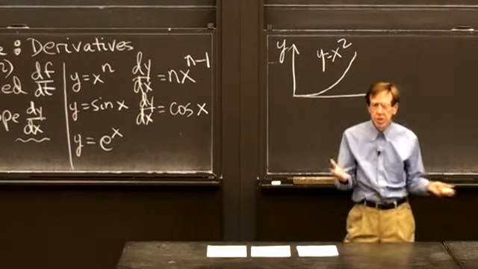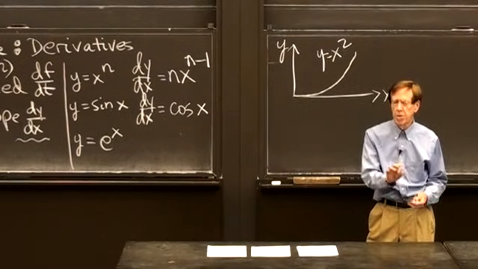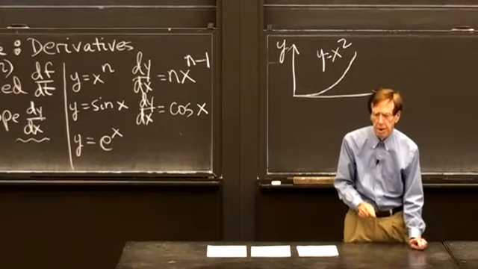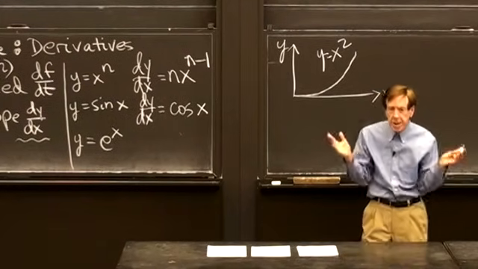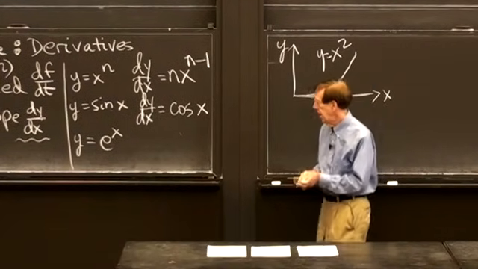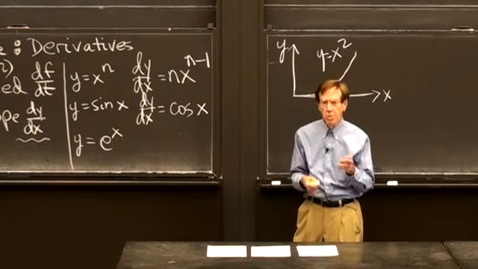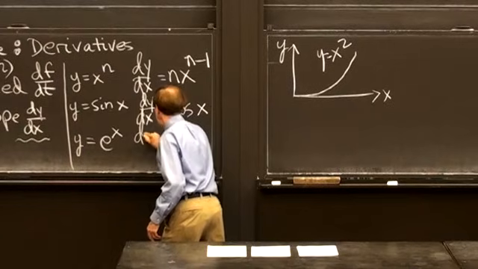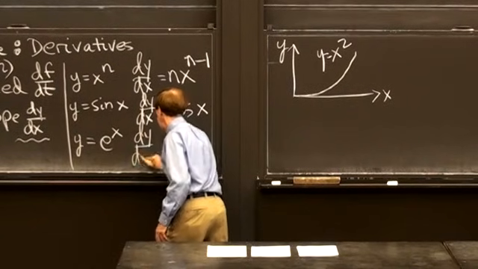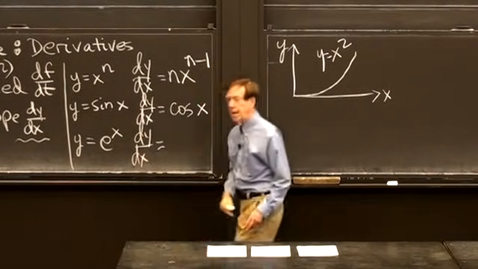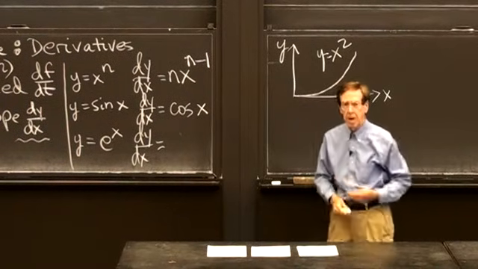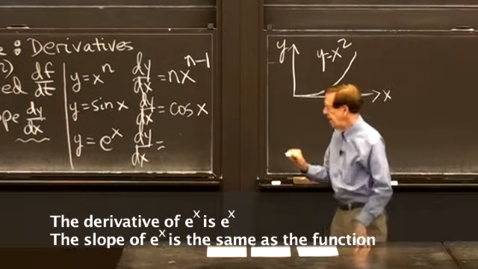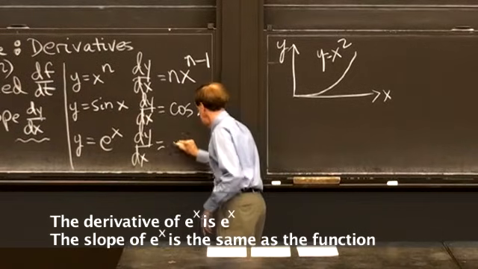E to the x, which I will introduce in a lecture coming very soon, because it's the function of calculus. And the reason it's so terrific is the connection between the function, whatever this number e is to whatever the x power means, the slope is the same as the function, e to the x.